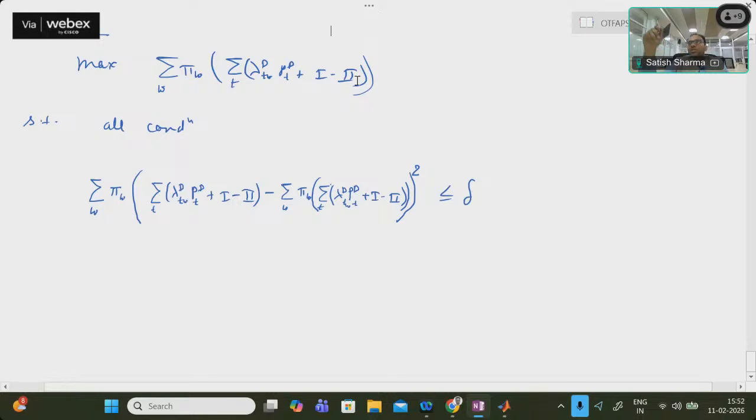They will provide that solution for which the risk is either less than delta, or, if the conflicting objectives are there, they will fix it to the delta value, and then that gives the optimal solution.